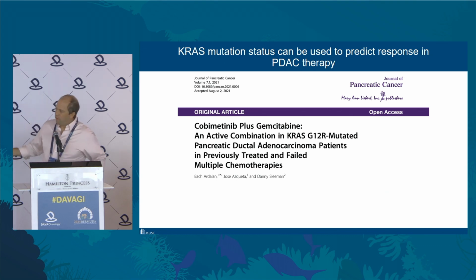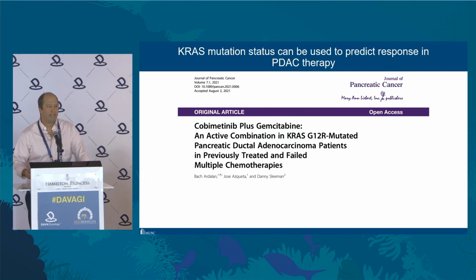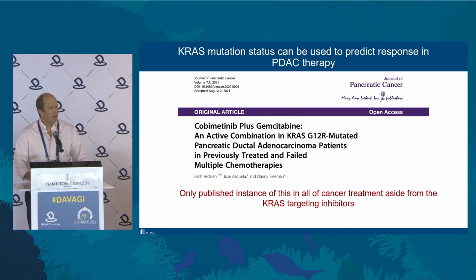If you look at just G12R patients, you can treat them with cobimetinib, which is a MEK inhibitor, and gemcitabine, again going back to what Scott talked about earlier, where you're combining targeted therapies and chemotherapeutics. These patients do respond and have longer overall survival. However, this is the only instance in all of RAS-mutant cancers where we've used a RAS mutation to choose a targeted therapy that didn't directly target RAS.